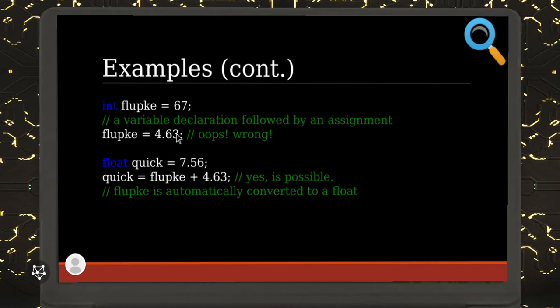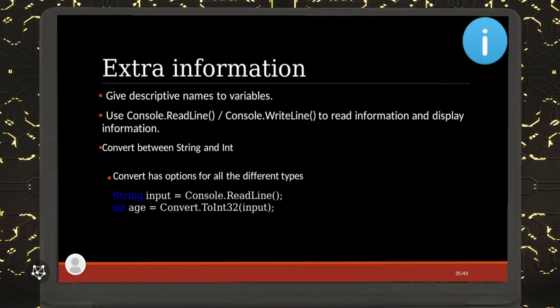You cannot assign a value which is incompatible with the type you were using. We have seen how to convert using ToSomething, so either ToInt if you are converting to an integer, or ToString if you are converting to a string, etc., etc.